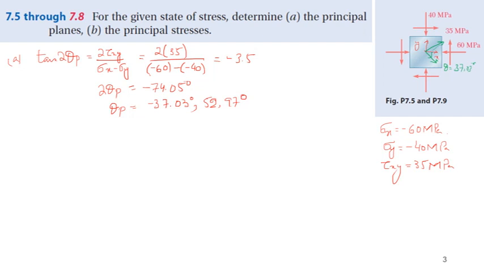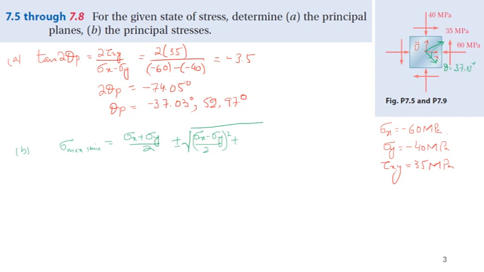Now part B. We have to find the principal stresses, which are the maximum and minimum normal stresses, and the shear stress at that orientation will be equal to 0. So that will be sigma x plus sigma y divided by 2, that is the average stress, plus minus the square root of sigma x minus sigma y divided by 2 squared plus tau xy squared.